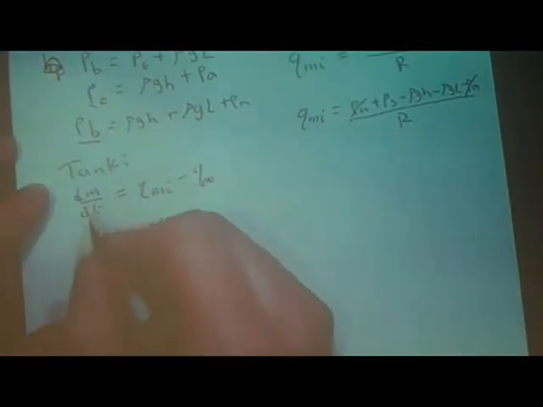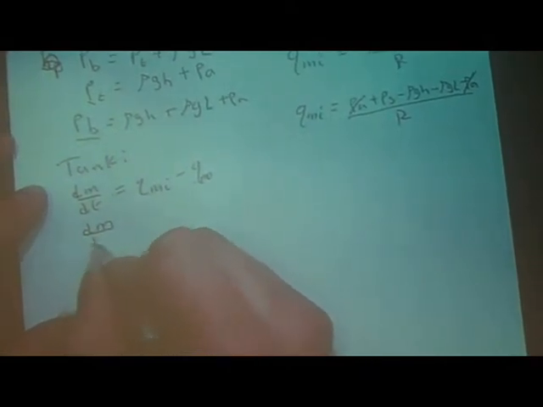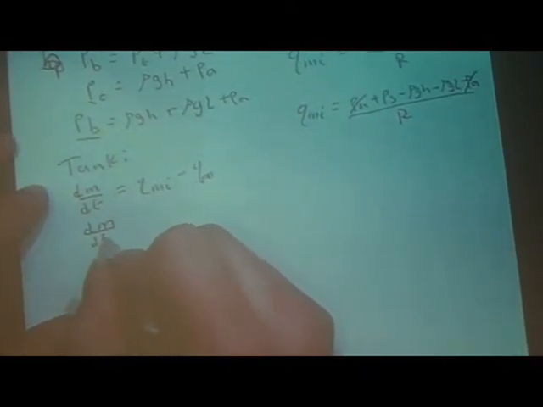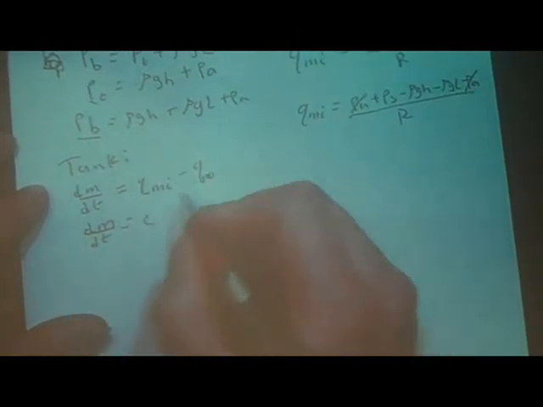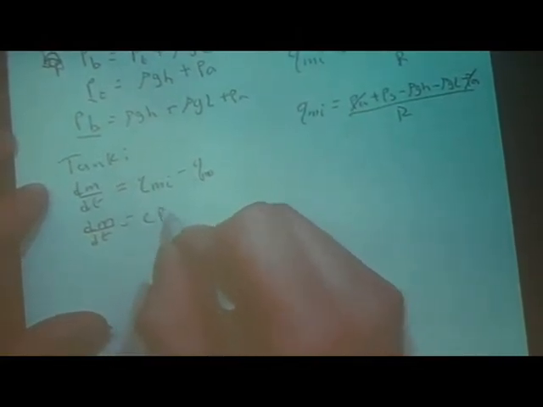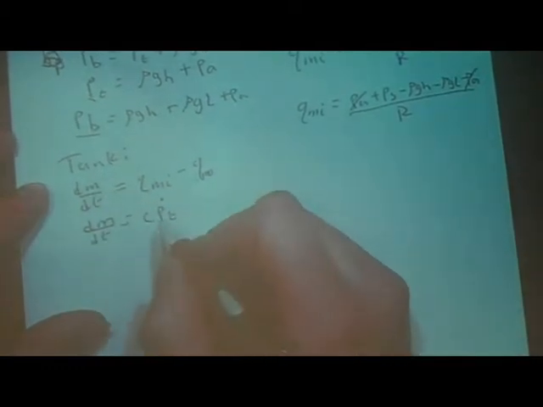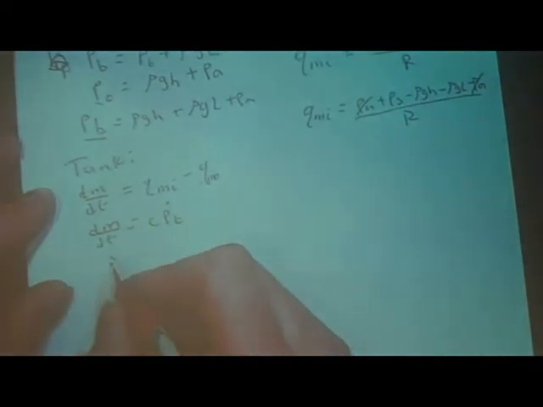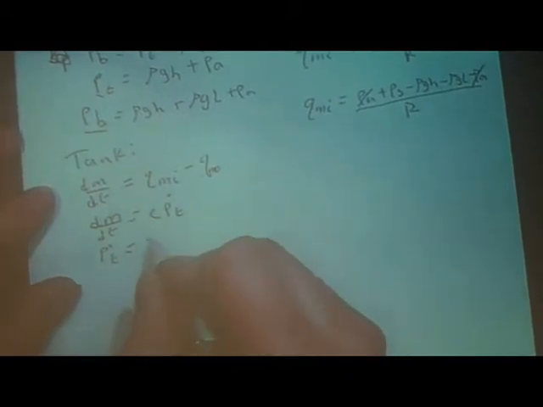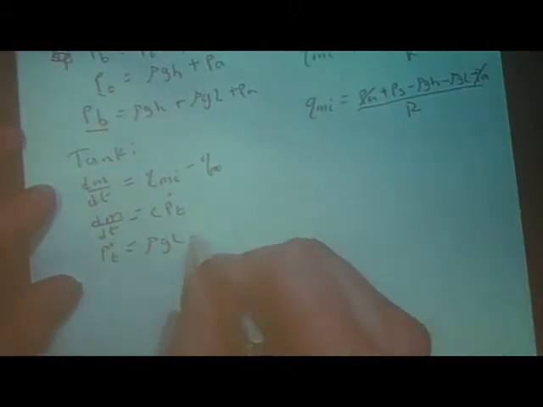We also know that the mass flow rate of the tank with respect to time is equal to C PT dot, which is the change in pressure at the bottom of the tank. So we know PT dot equals rho GH dot.